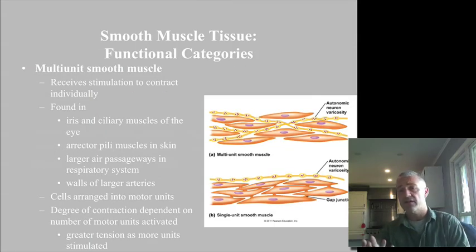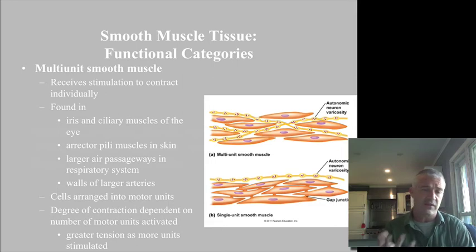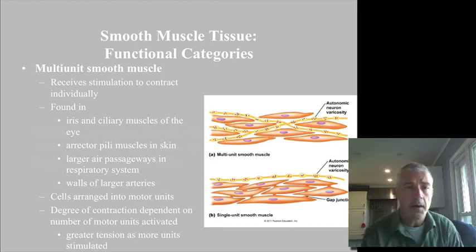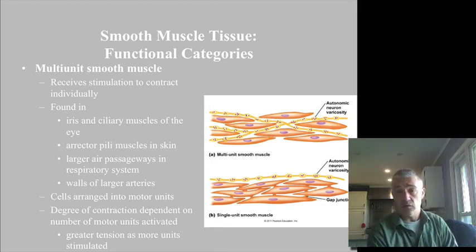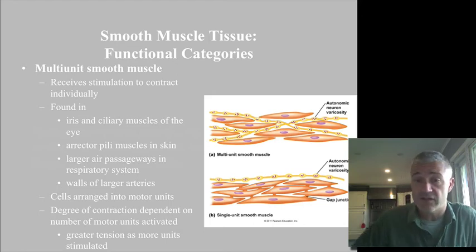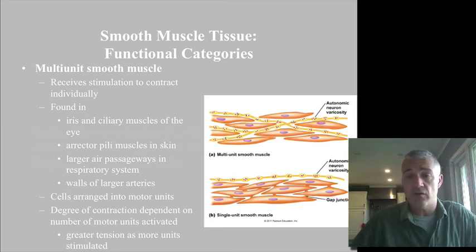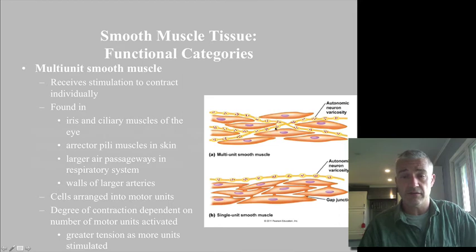The other thing we want to talk about is smooth muscle cells sometimes can function in a couple different ways. You can have what is called multi-unit smooth muscle, which you can see is at the top on the right, where each cell kind of acts on its own. So you have these autonomic neurons with these swellings called varicosities that can release these neurotransmitters that will act on each single cell to get it to contract.